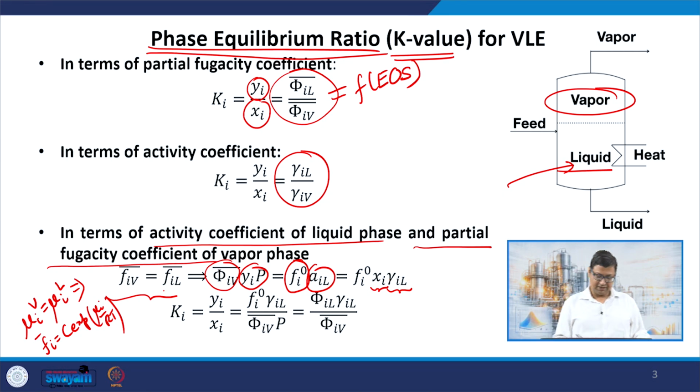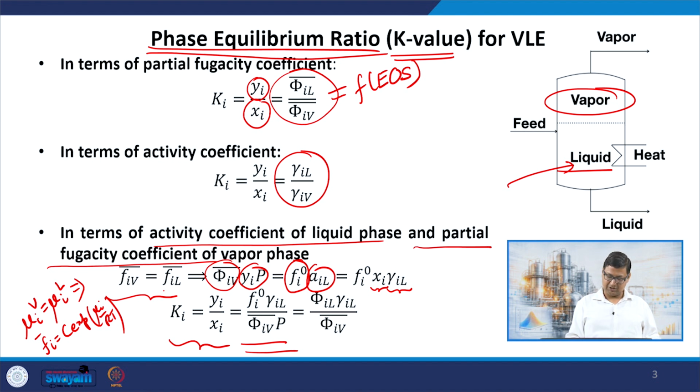So therefore, that Ki can now be written something like this, a combination of the activity coefficient and partial fugacity coefficient. So now we are using activity coefficient language for the liquid phase and the partial fugacity coefficient language for the vapor phase.